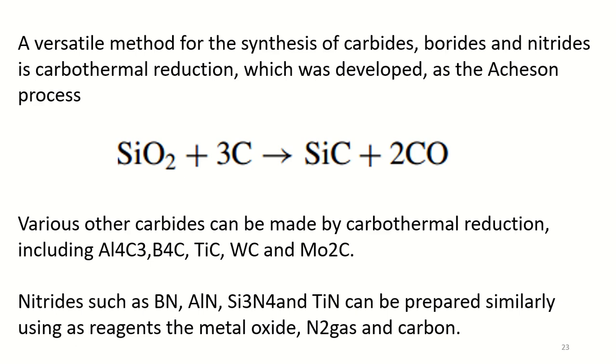This is a high temperature reaction in which carbon is both a reagent and a reducing agent for silicon dioxide. The reaction mechanism is complex and involves silicon monoxide SiO as a gaseous intermediate, which is very effective in bringing the silicon and carbon reactants into contact.